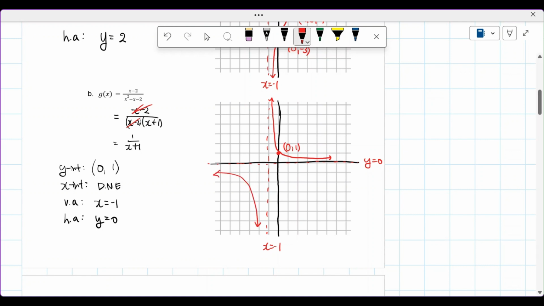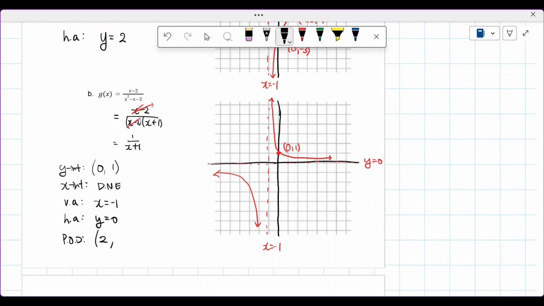Now, one thing that we haven't done yet is to consider the point of discontinuity. Because we crossed out the x minus 2 factor, it means that my point of discontinuity is going to have the x coordinate of 2. Now, I need to know the y coordinate of the point of discontinuity.